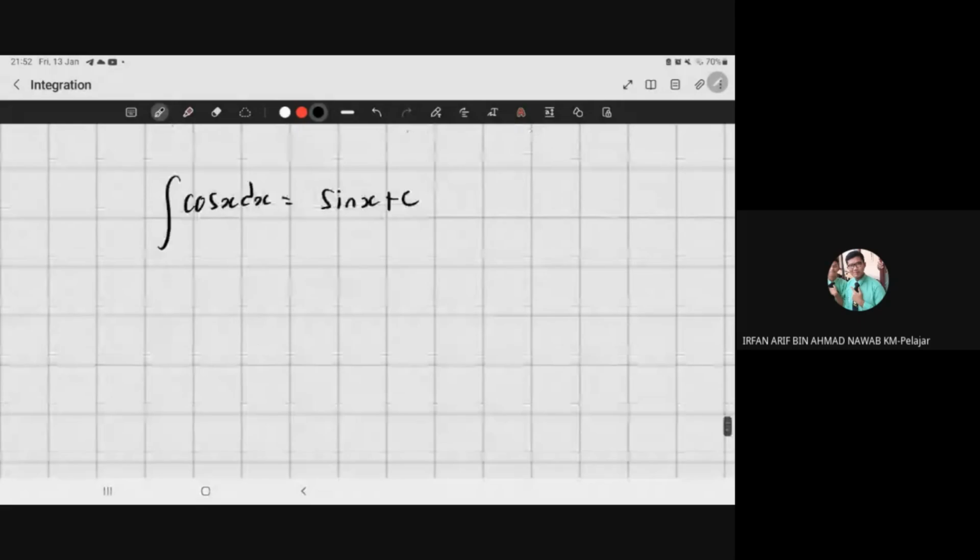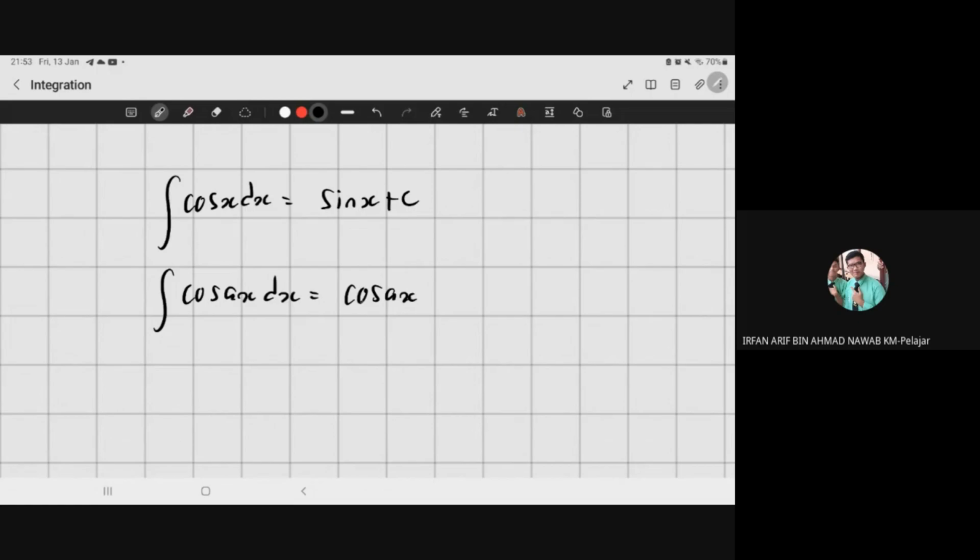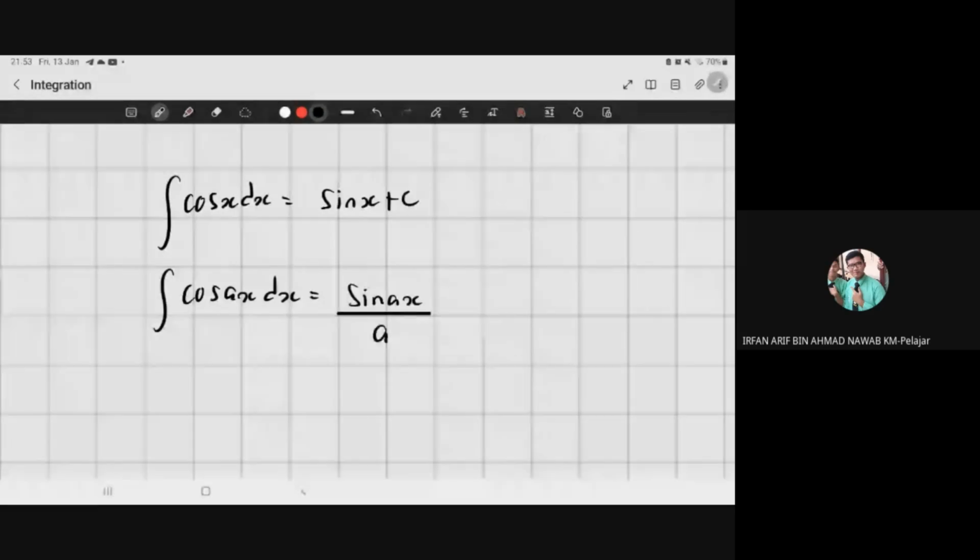If you have a coefficient in front of x, then you will obtain similar to our initial formula: the integral of cosine of ax is sine ax over a plus c.